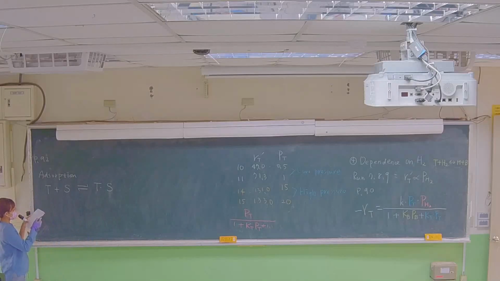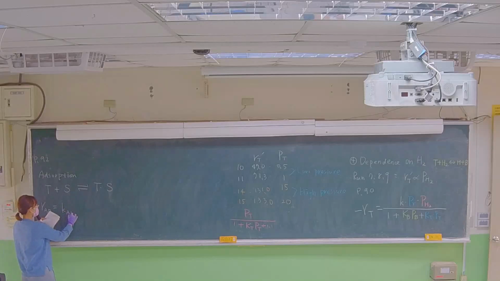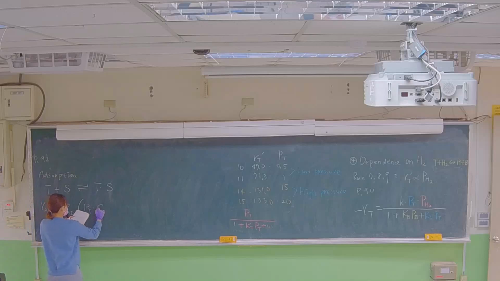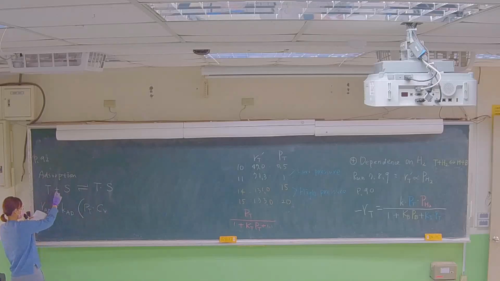And for this part, it is better to write down the rate law at the same time. You know how to write the rate law, right? So r_AD equals k_AD. For the forward reaction, you got P_T C_V, right? P_T C_V.